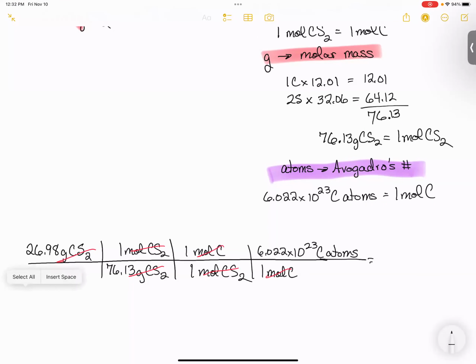And now that I've got what I was trying to solve for, I can solve the problem. And you've got 2.134 times 10 to the 23 carbon atoms.